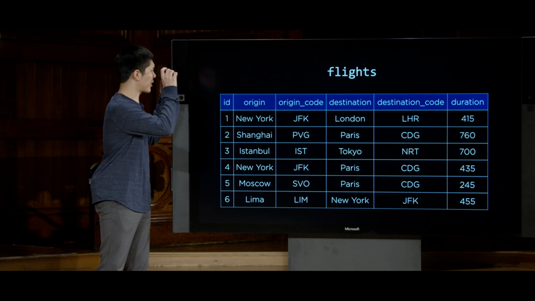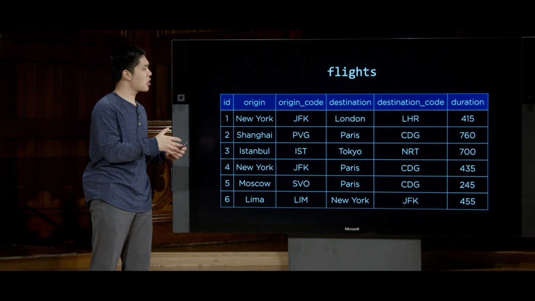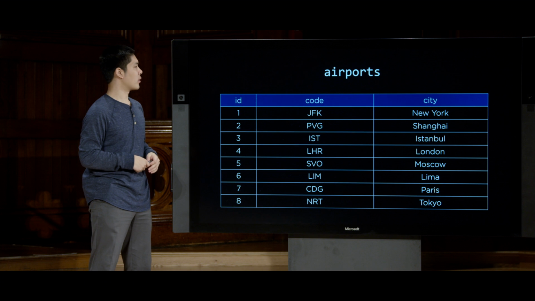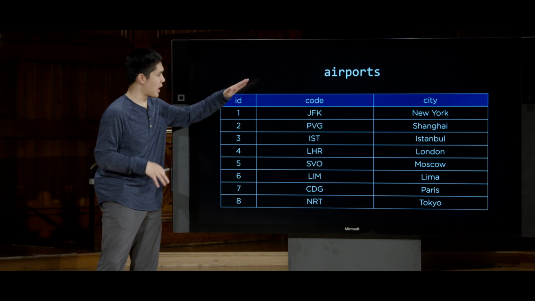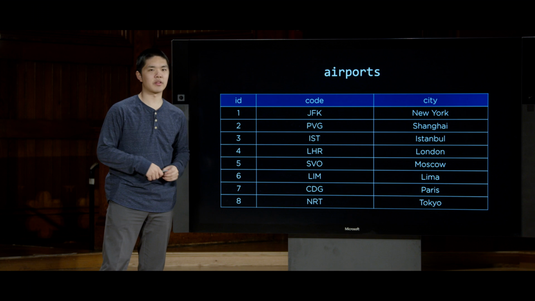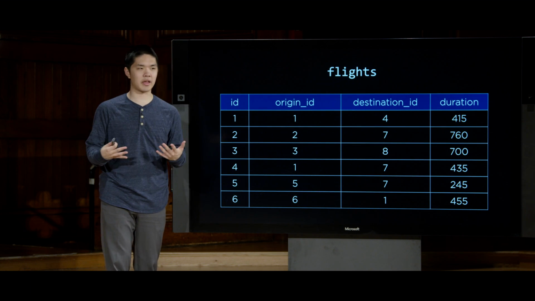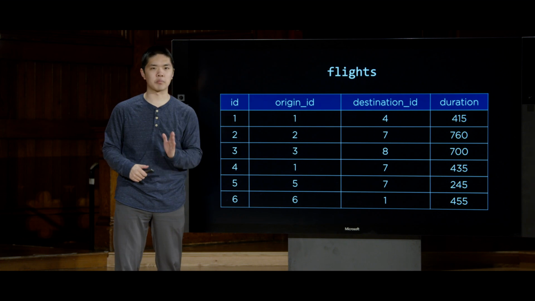And we decided that storing all of this data in a single table probably wasn't the best idea, and instead, we wanted to split that data up in a type of partitioning, where we said, all right, let's have one table that will have all of the airports. And so each airport gets its own row inside of this airports table. And we also had another table, which was just the flights table, which rather than storing all of those columns, just mapped two airports to each other.